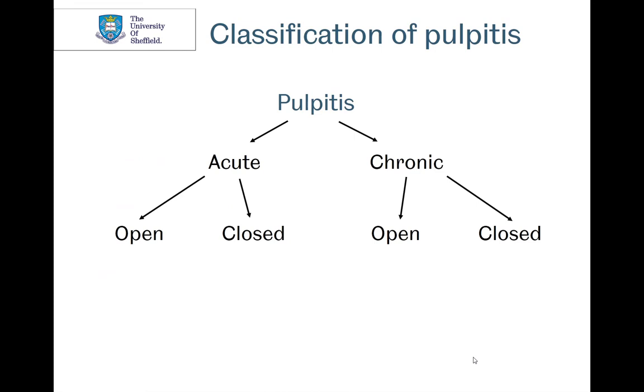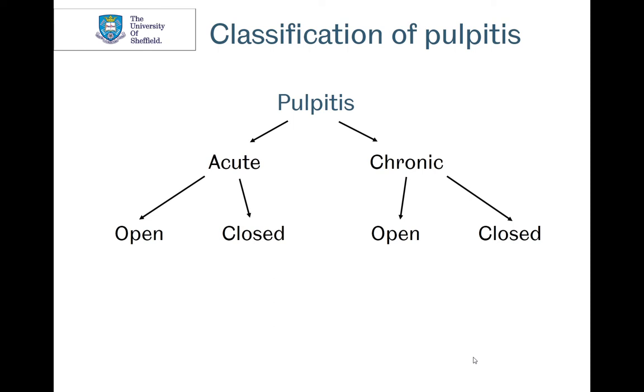So what if we classify pulpitis? Well, classically, inflammation is classed as either acute or chronic. There are ways of looking at that. It can be acute or chronic from a clinical point of view, or acute and chronic from a pathological point of view. And these, as we will see in a little while, don't often match up very well. But in subdividing it further, we subdivide both acute and chronic into open and closed forms.